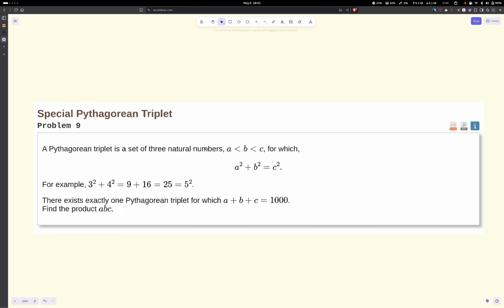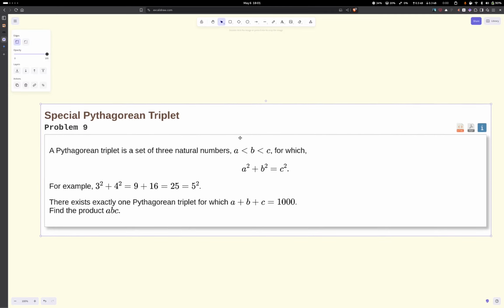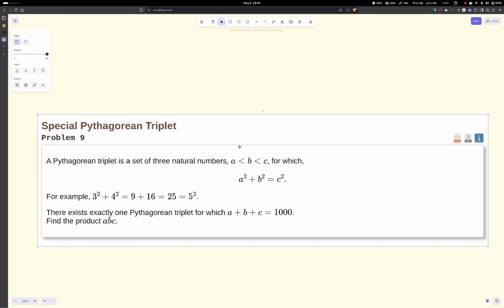For example, 3 squared plus 4 squared equals 9 plus 16 equals 25, which is 5 squared. There exists exactly one Pythagorean triplet for which a plus b plus c equals 1000. Find the product abc. All right, so this looks like an interesting math problem and not just adding a bunch of prime numbers.